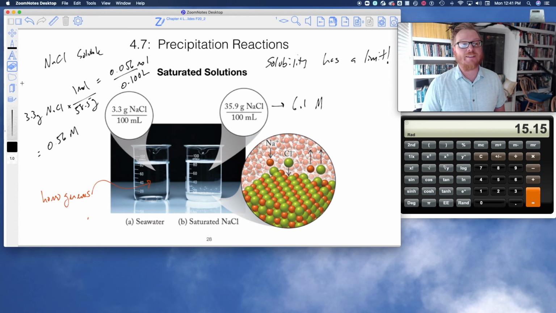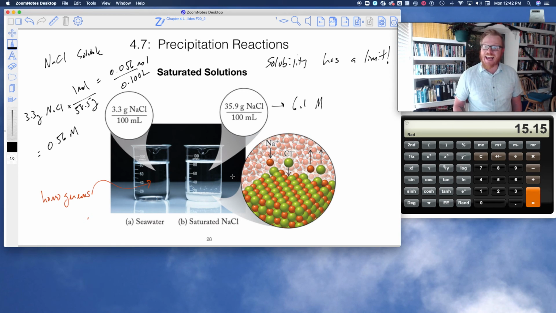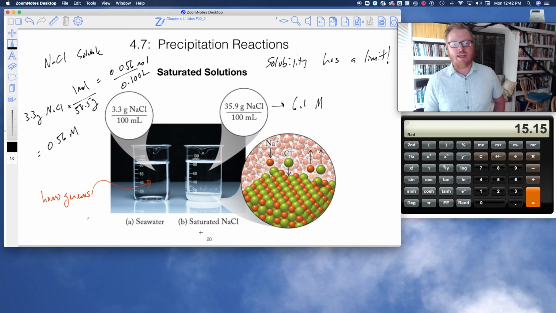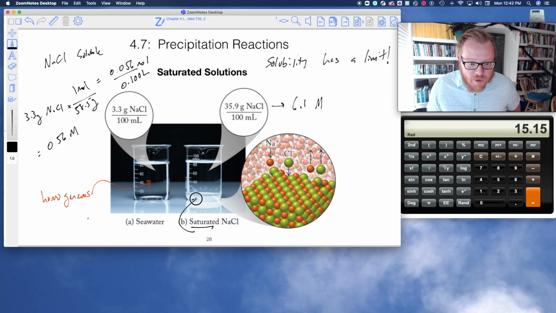So that's more than 10 times concentrated. And we can say definitively this solution is saturated. And I know that it's saturated because look, there's solid chunks. There's like a layer of solid NaCl below.